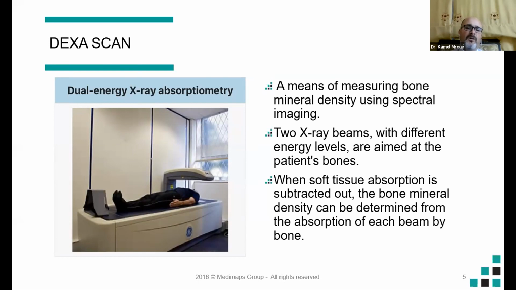I assume that the weaker energy level beam will only penetrate up to the soft tissues, and the stronger one will penetrate down to the bone. And if we subtract the absorption from these two energy levels, we get what has been absorbed by our bone. And this will be translated into how much bone we have in our body.